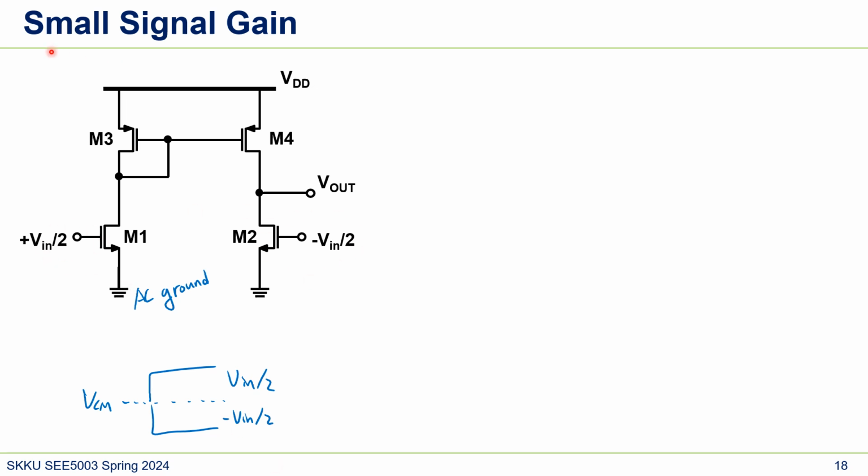And then since this is small signal, we will only consider these deltas, okay? And let's say here's node X. The delta Vx is, we have this GM1, right?